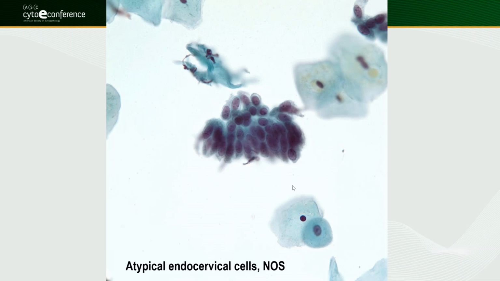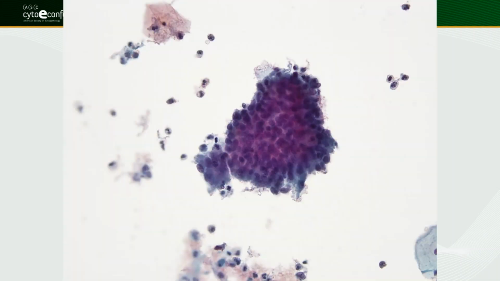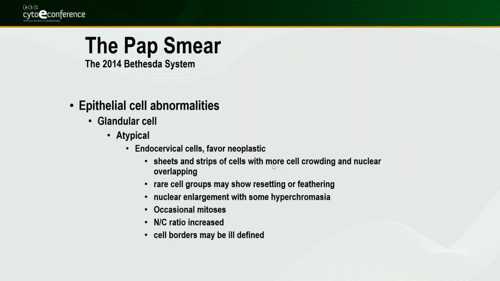So this is still atypical endocervical cells, NOS. Another hyperchromatic crowded group: the cells look more round here, but on the periphery you can see some columnar cells. Again, some of them still have little nucleoli. So this is still atypical NOS.